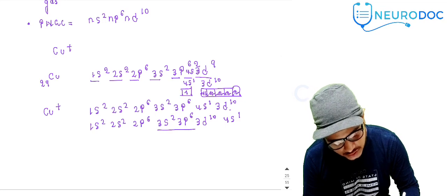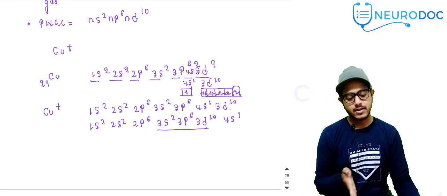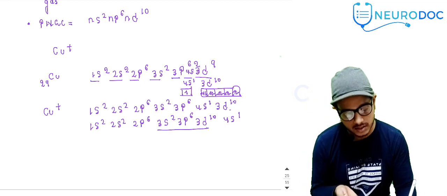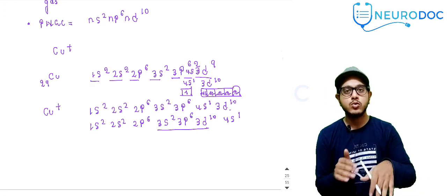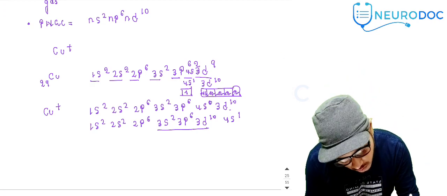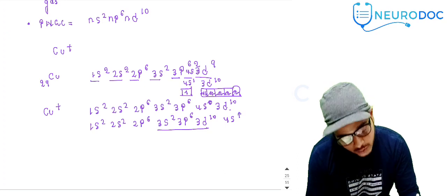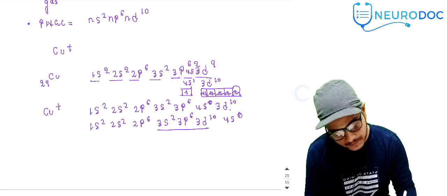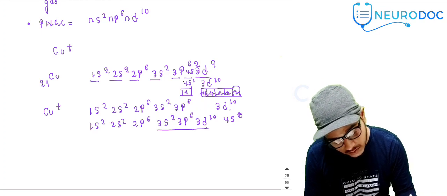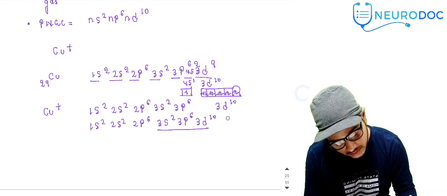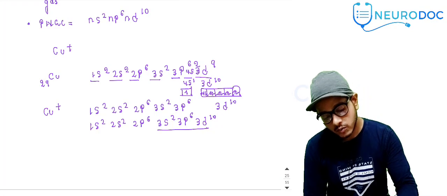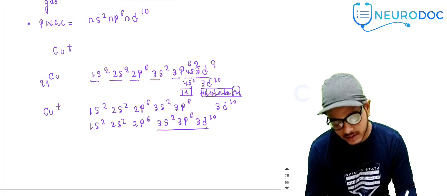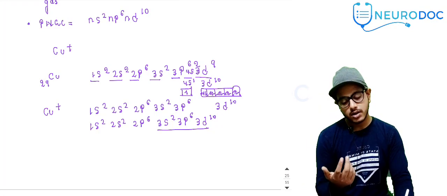Okay, so this is ns2, np6, and it's not 4s1 anymore because one electron has been removed, so it's 4s0. Instead of writing 4s0, I can remove it. Right? So now it becomes a pseudo noble gas configuration.